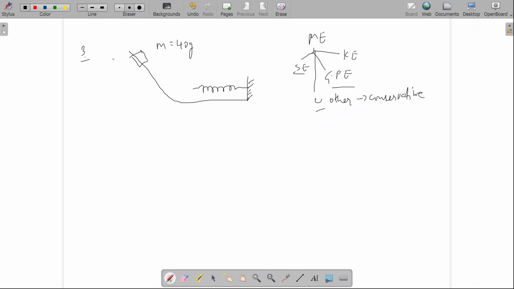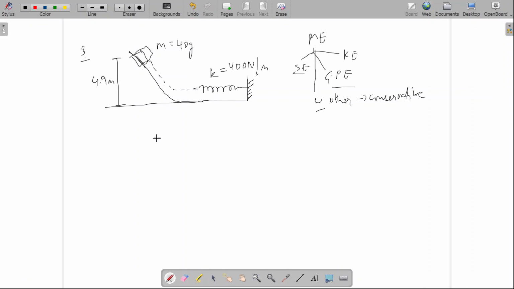Just like in this example, this block is at a height of 4.9 meters above the ground. It is lying on a smooth incline. The spring constant is 400 newtons per meter. The potential energy of the block is going to be converted into kinetic energy as the block is moving, and finally into spring energy.